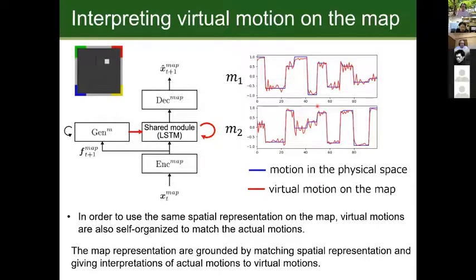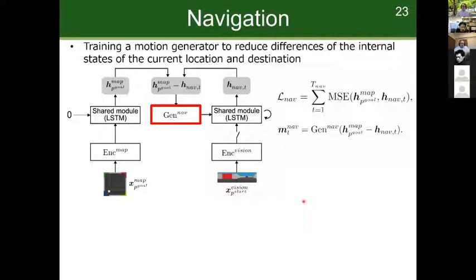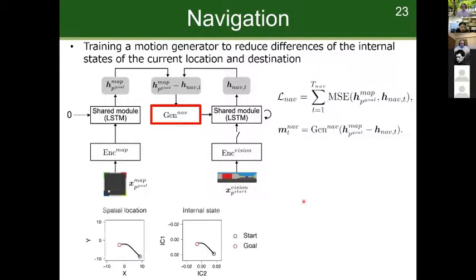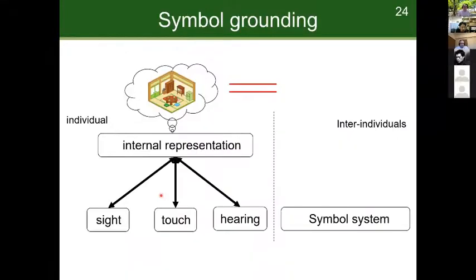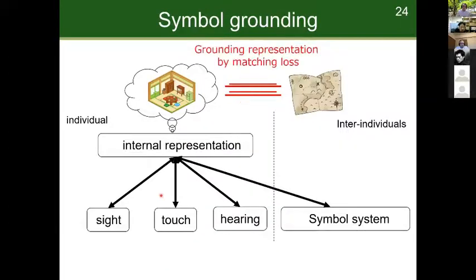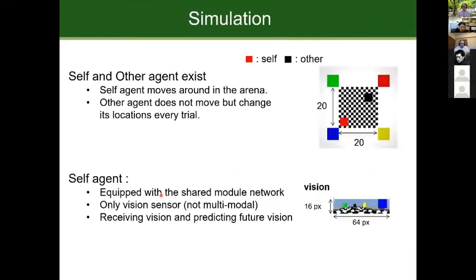By doing this, the map representation can be grounded on the physical space. And we can also apply this system to navigation. I don't explain so much, but the agent can go to the location indicated by the map, because the map representation and the spatial representation are shared. That's why it's possible. So in the end, by giving the matching loss, the map representation can be grounded on the spatial representation. That's my conclusion.